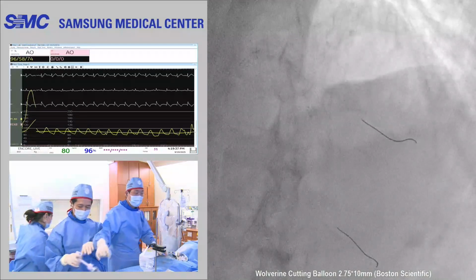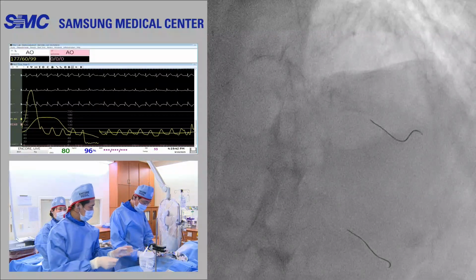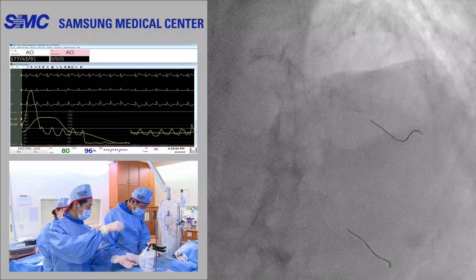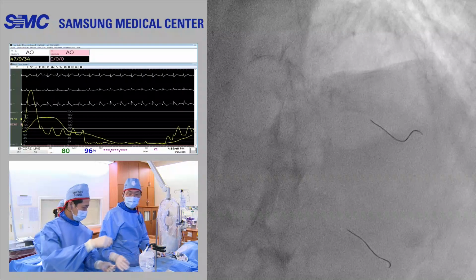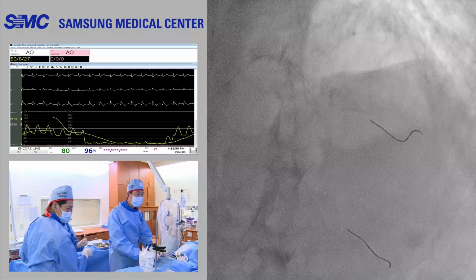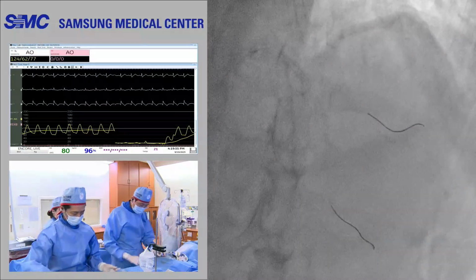We will continue for about 30 to 40 more minutes. Interestingly, the patient does not complain of chest pain. So silent ischemia most likely. This is typical of an old lady. Okay, then we check the IVUS.